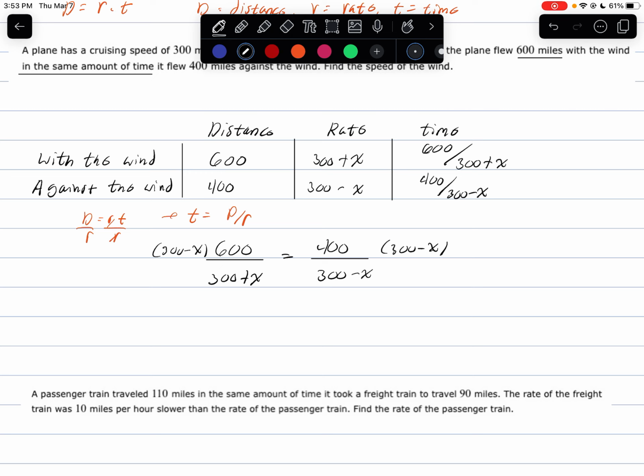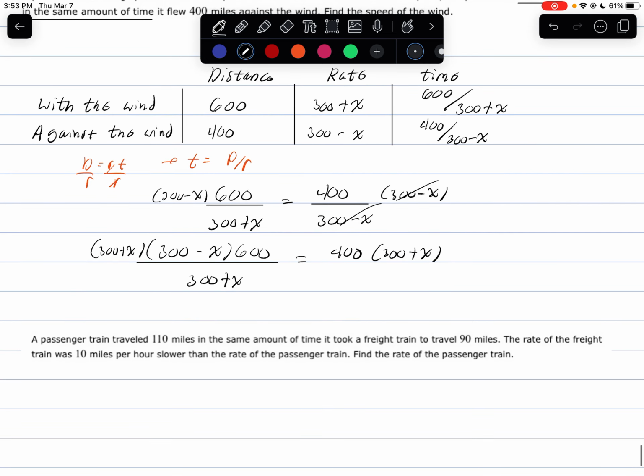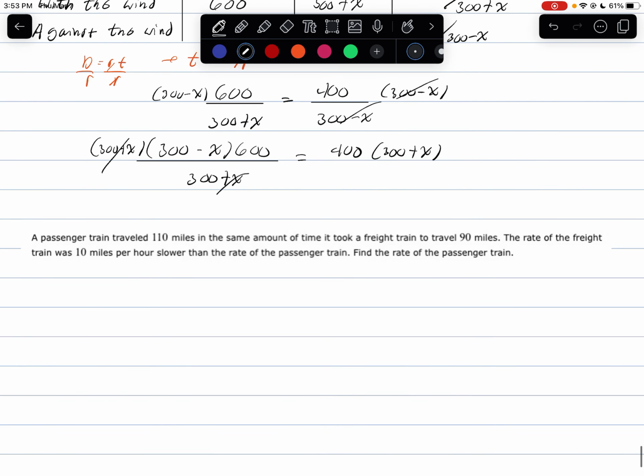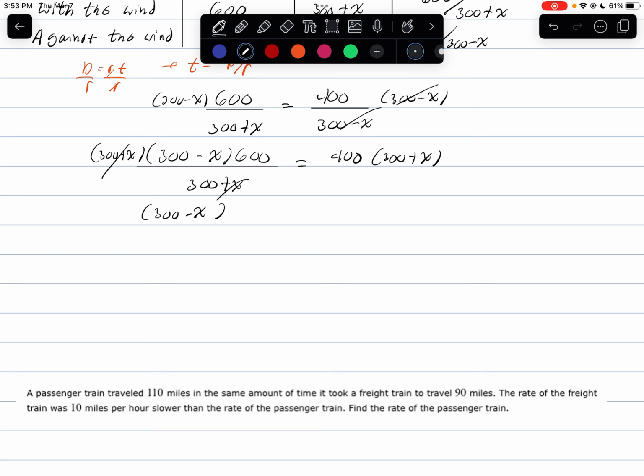This will cancel, and then we're going to have 300 minus x times 600 over 300 plus x is equal to 400. And now we can multiply both sides by 300 plus x. These are going to cancel, and now we have 300 minus x times 600 is equal to 400 times 300 plus x.